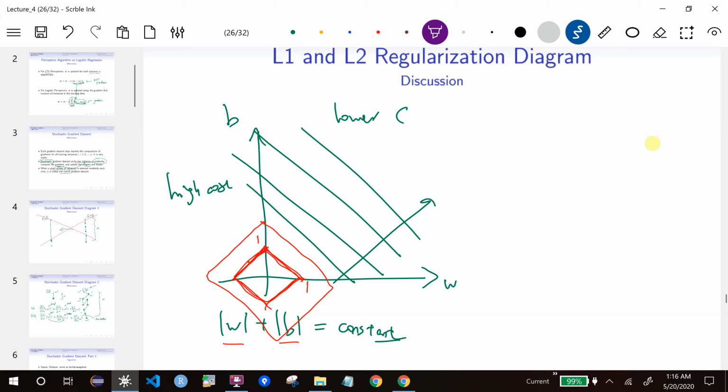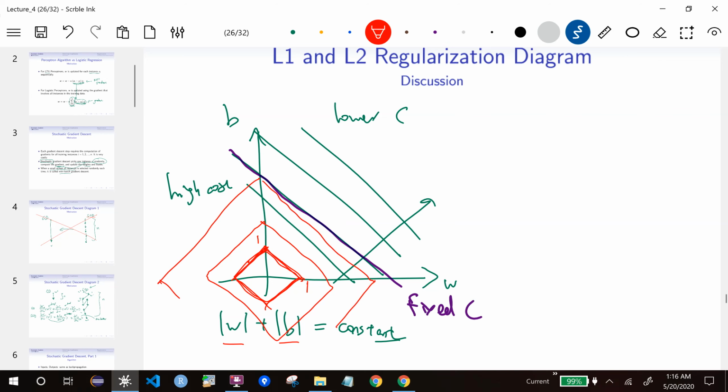And if we want to fix the level of C, so for a fixed C, if we want the largest weight and bias sum in terms of absolute value, let's see, I think it's this one. Let me only draw half of it. And the point of intersection has W equal to 0.